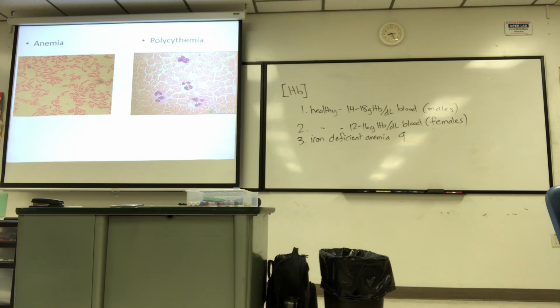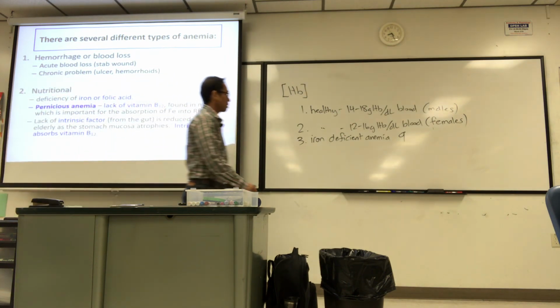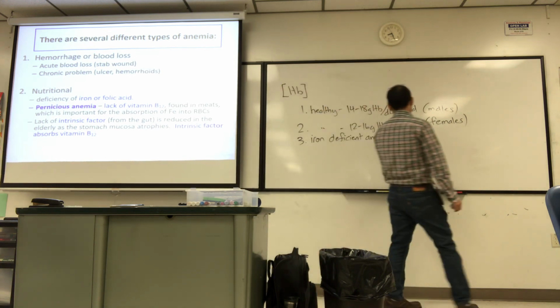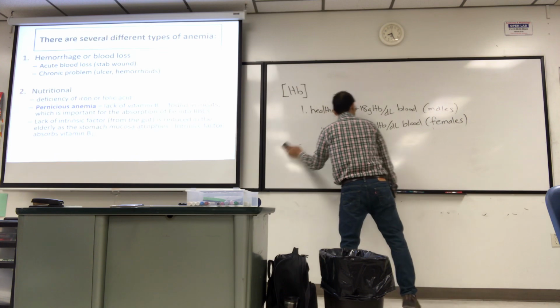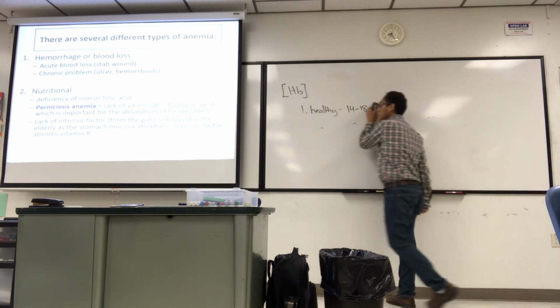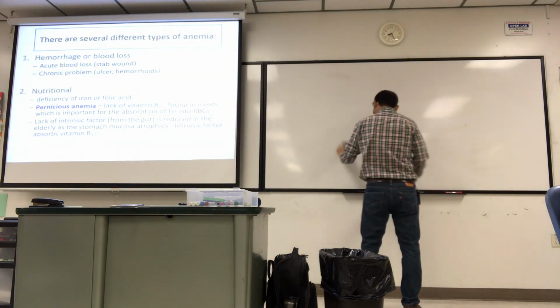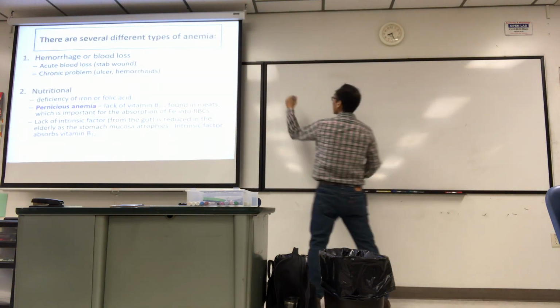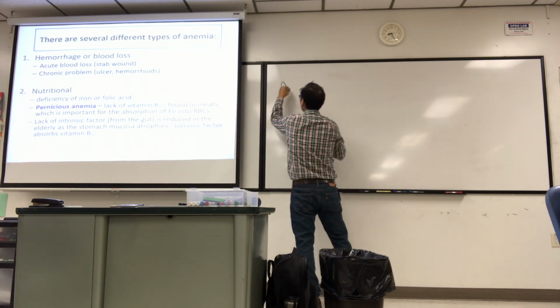There are different types of anemia, so let's go through them. Number one is simply you're losing blood for whatever reason. Slow bleeding ulcer or an acute stab wound. So anemia means low blood.